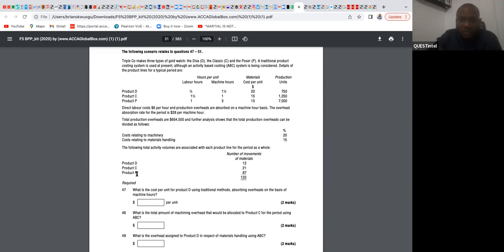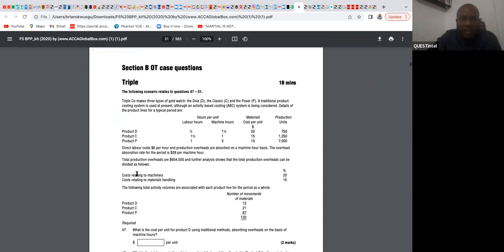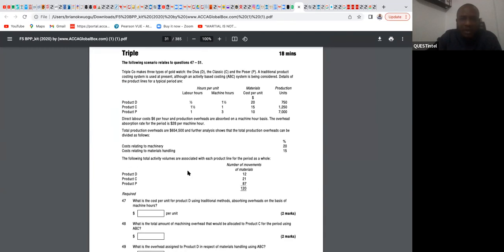But the question will tell us what it wants us to do. You can't second guess. And this question is amended most likely from an originally more detailed question. So it's the information they give you that you will use. But so far, they've given us the basis for only material handling, since number of movements of material will be the cost driver for our material handling. So we'll see what the question asks us from there.